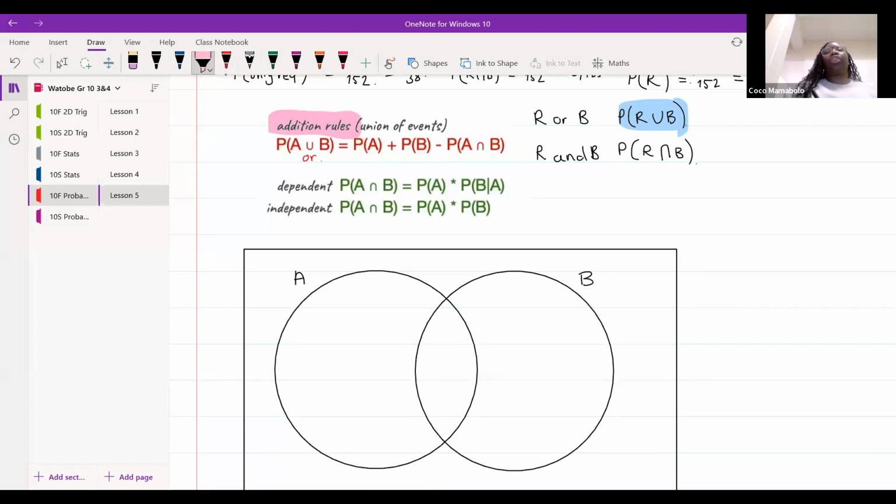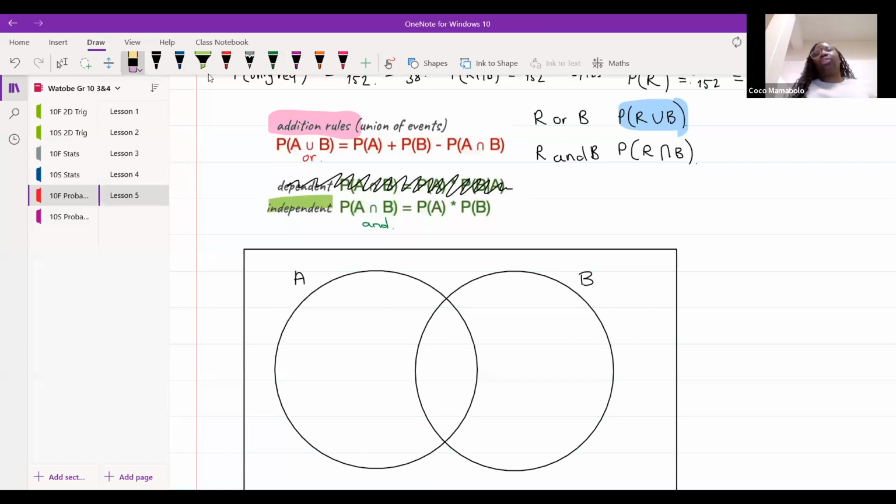And then we are going to learn about the multiplication rule. We're not going to learn the dependent one because it is going to confuse you guys. We are going to learn about the multiplication rule for independent events, and that's for and, when we have A and B.